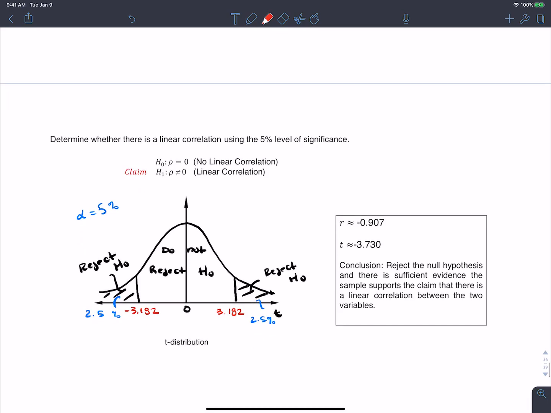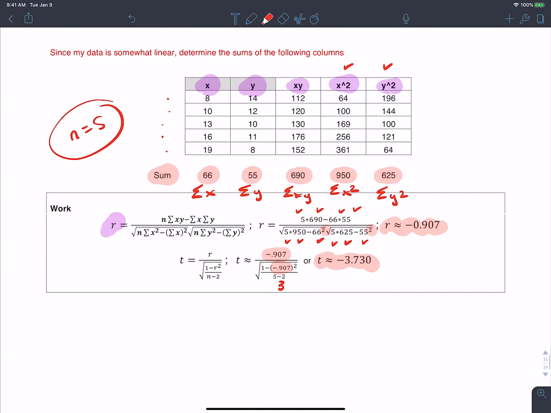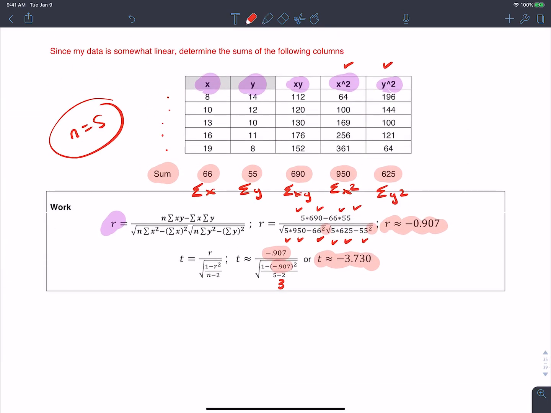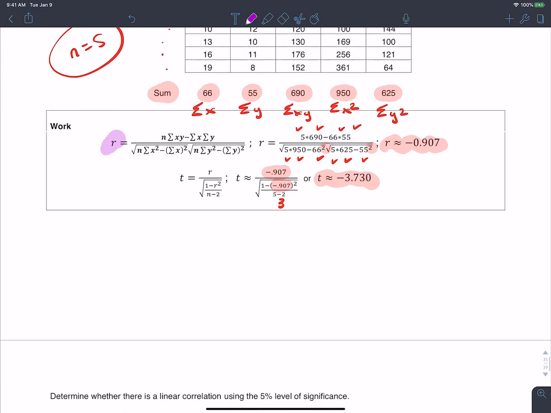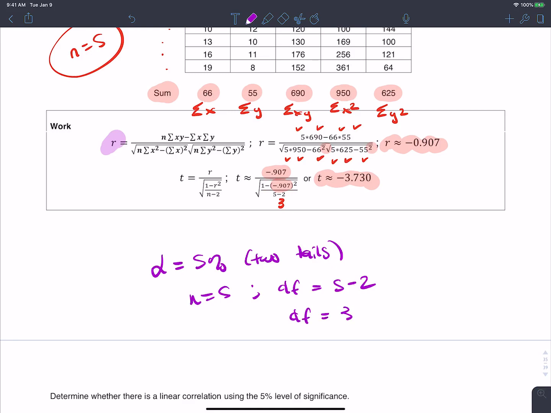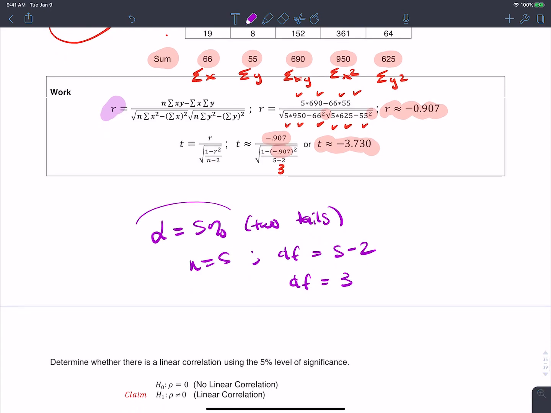Well, on our decision rule, we're going to assume here that alpha, let's write this down. If you read the example, alpha is 5%. Of course, it's with two tails. Your sample size is 5, so that degree of freedom is going to be 5 minus 2. Is that right? For linear correlation, it's n minus 2. So I have my 5%, my degree of freedom.